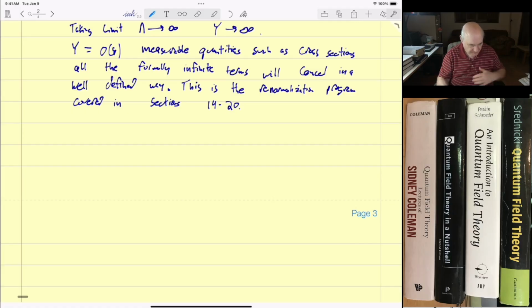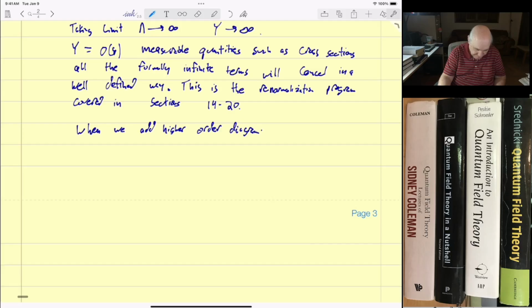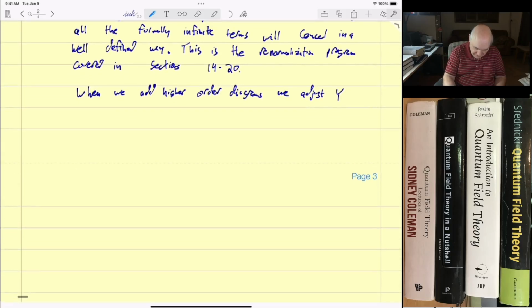So what we do is, when we calculate to higher order, we adjust this non-physical parameter to maintain the vacuum expectation value equal to 0.